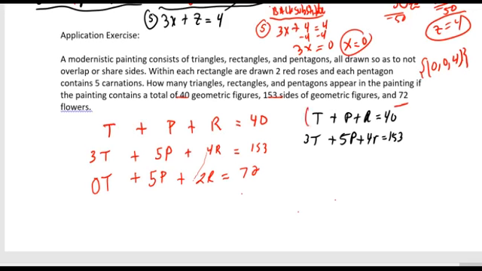Okay, so in order to get rid of the p's here, I'm going to multiply the top by negative 5. Then we get a negative 5t minus 5p minus 5r equals negative 200.